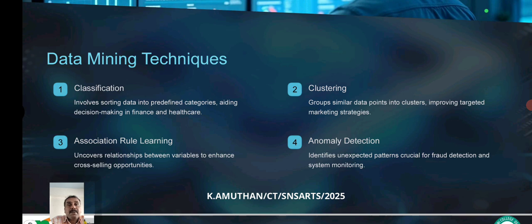It uncovers relationships between variables to enhance cross-selling opportunities. Anomaly detection identifies unexpected patterns, crucial for fraud detection and system monitoring. Anomaly detection identifies vulnerable data or phishing, unexpected patterns crucial for fraud detection and system monitoring.